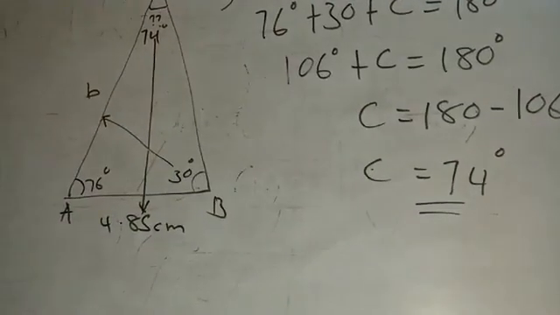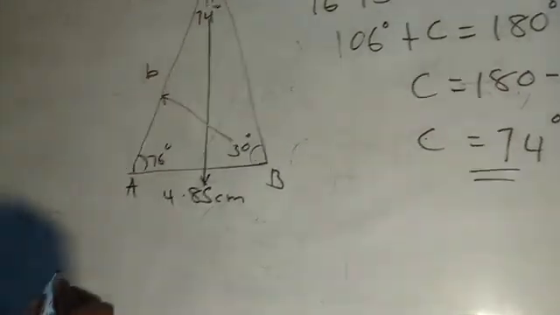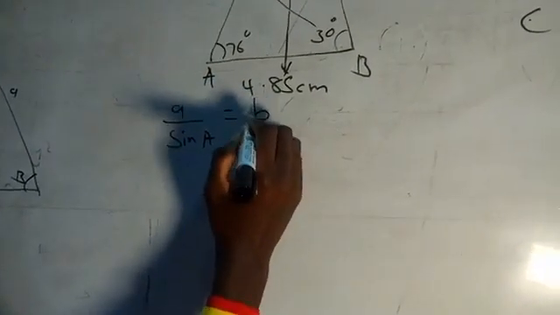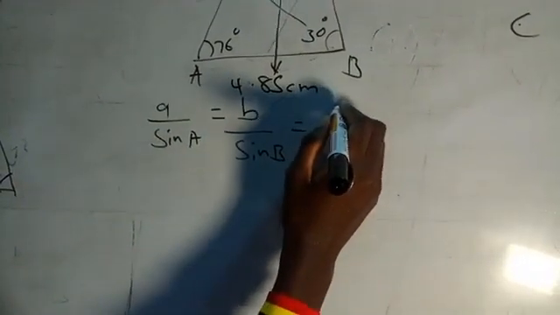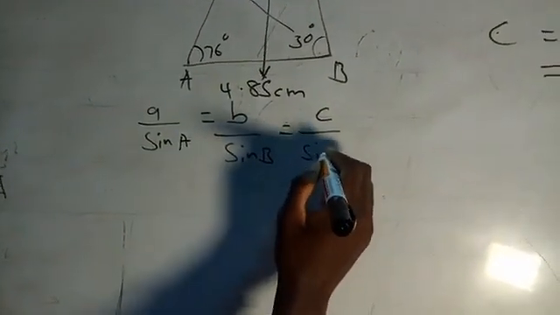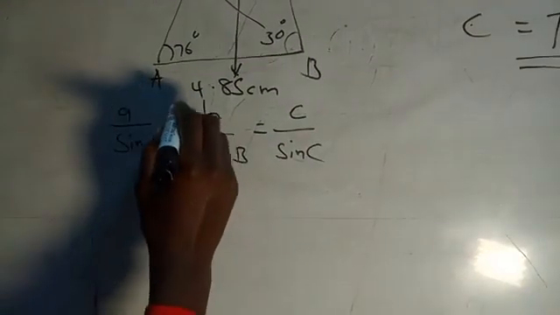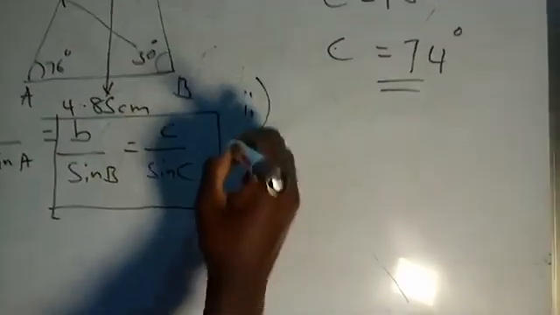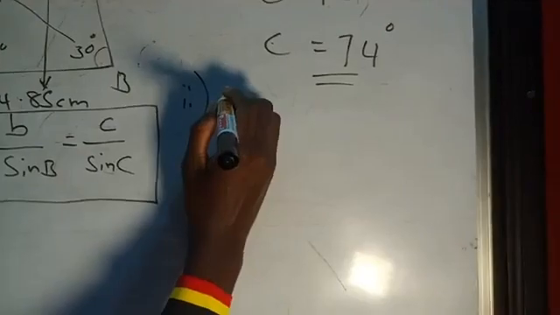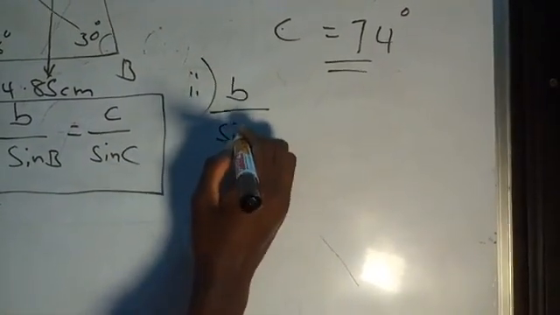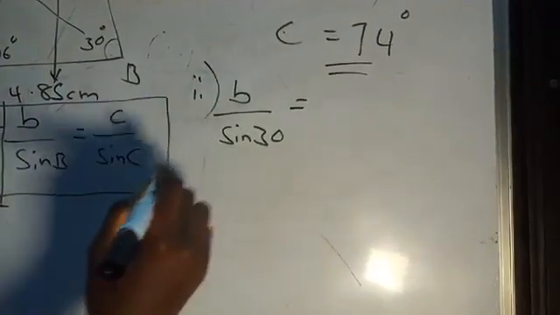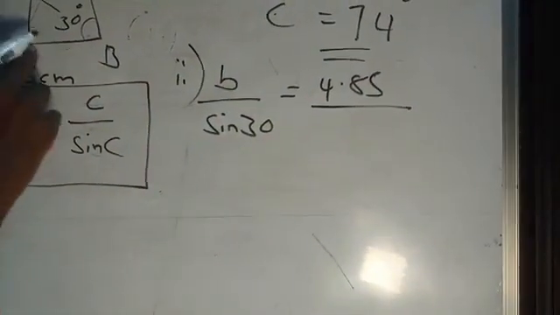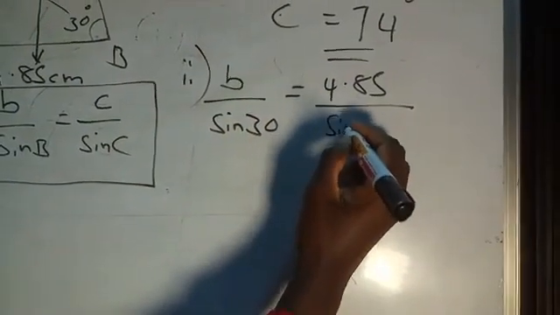By applying the sine rule, it will be like this: a over sine A equals b over sine B equals c over sine C. So we are gonna take these two here, and we become b over sine 30 equal to c, which is 4.85, over the angle of C, which is sine 74.